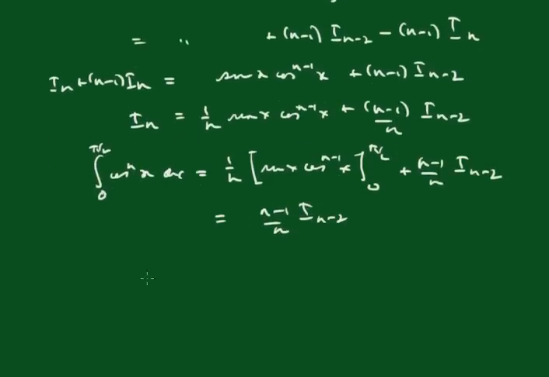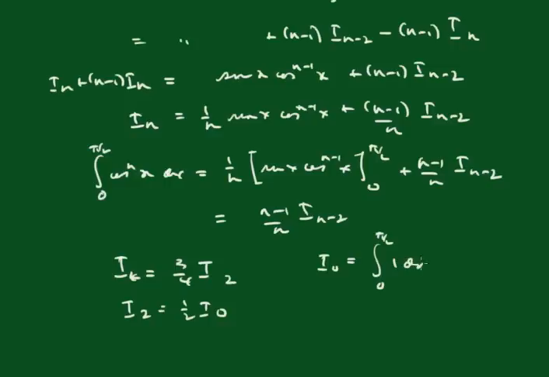Now to calculate I_4 in this case, I_4 is equal to 3/4 of I_2, and I_2 is going to be 1/2 of I_0. Now I_0 is simply going to be equal to the integral of 1 dx, which is equal to x between pi upon 2 and 0, which is pi upon 2.